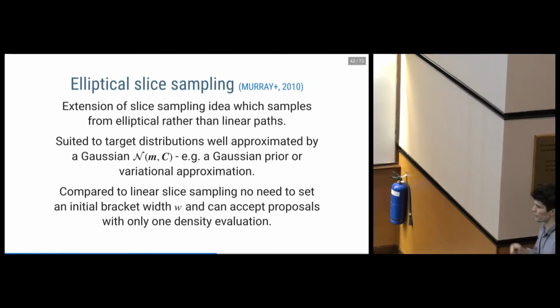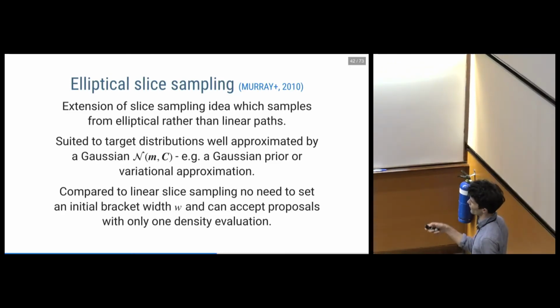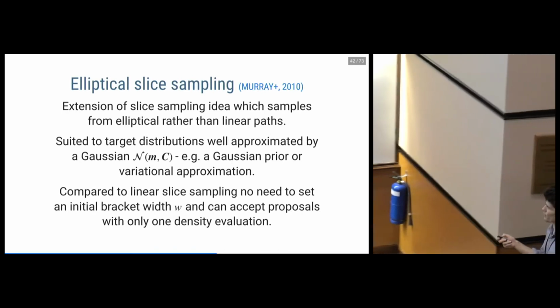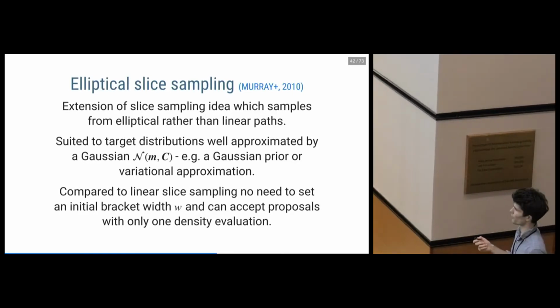In the canonical linear stepping-out variant of slice sampling that I described, if our initial bracket is within the slice and we expand it out, we're going to have at least a few density evaluations as overhead before we start being able to accept proposals.